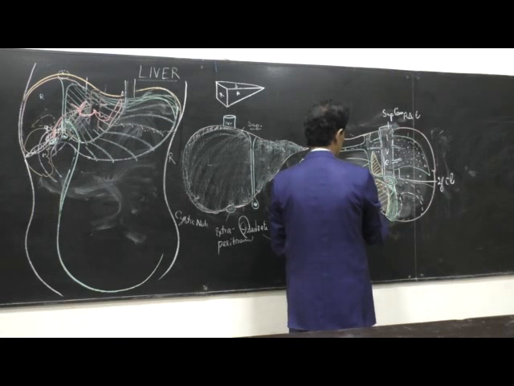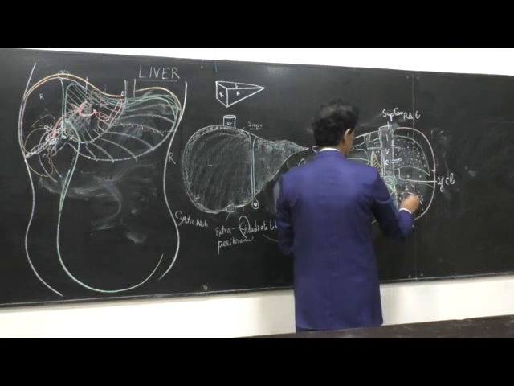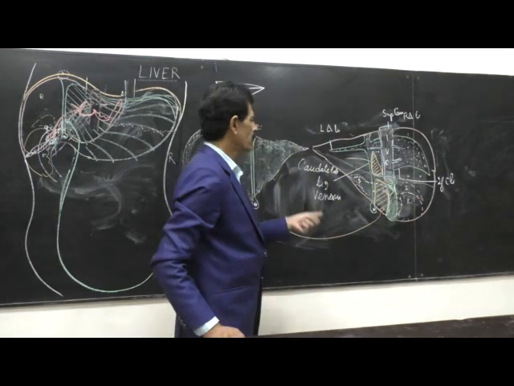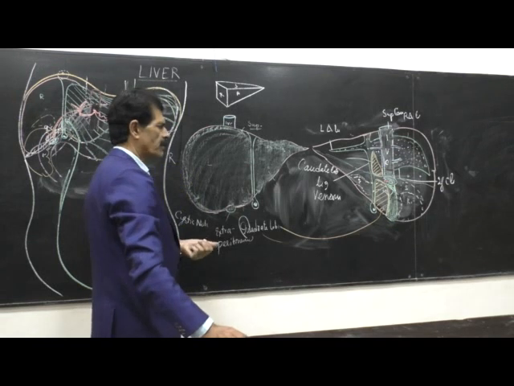So the duodenum, suprarenal, and the right kidney are the impressions on the soft liver, because these organs are lying very, very close to it.